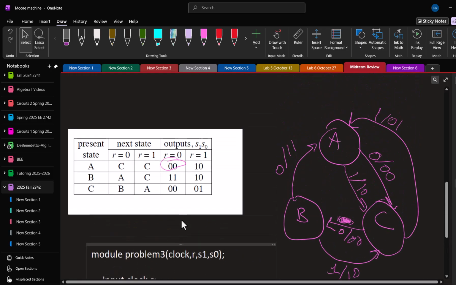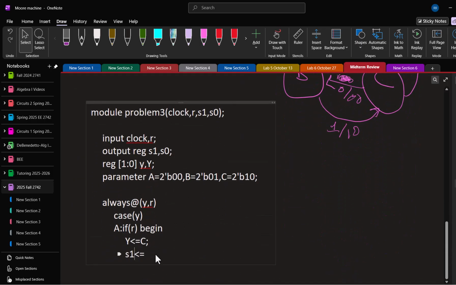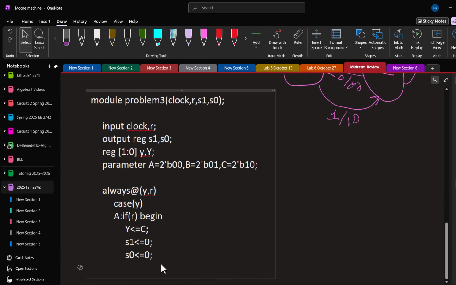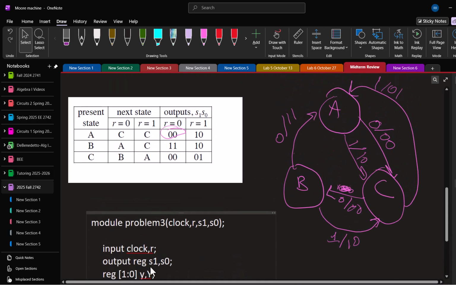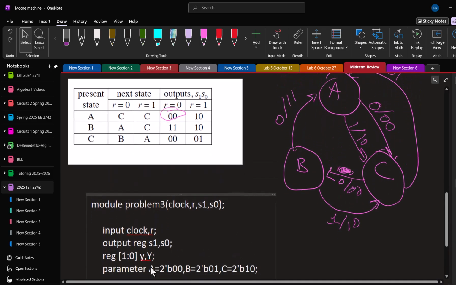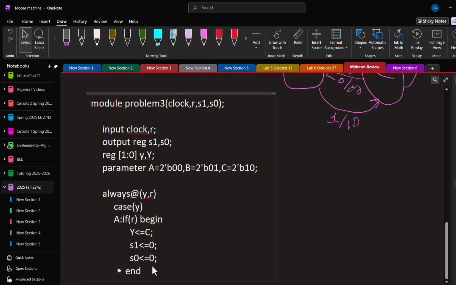S1 becomes equal to 0. S0 becomes equal to 0. End. So that was for state A if R equaled 1. Did I do that right? I did not. S1 should have been 1.